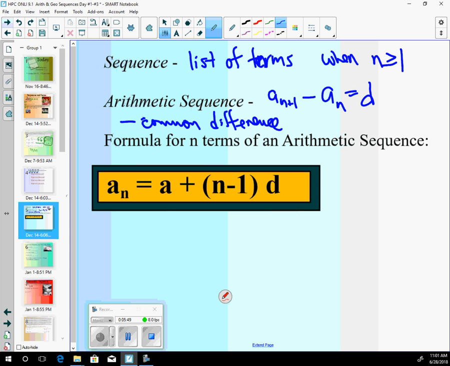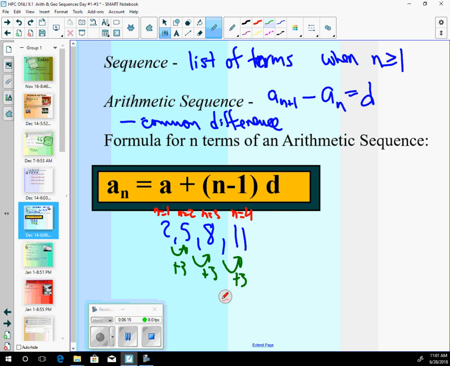Okay. And so when we look at a formula, let's look at 2, 5, 8, 11. So for these, we're adding 3, adding 3, adding 3. Now the first term is n equal to 1, and n equal to 2, n equal to 3, n equal to 4.